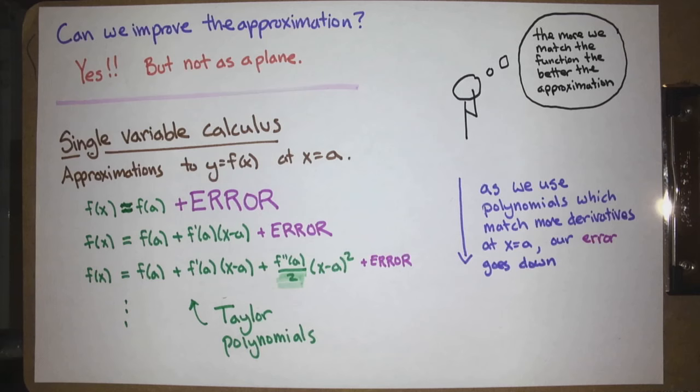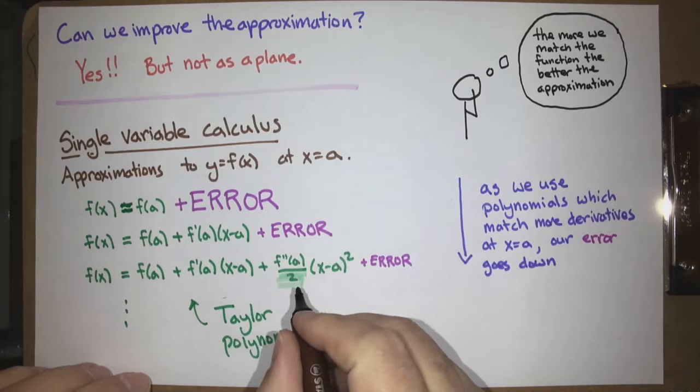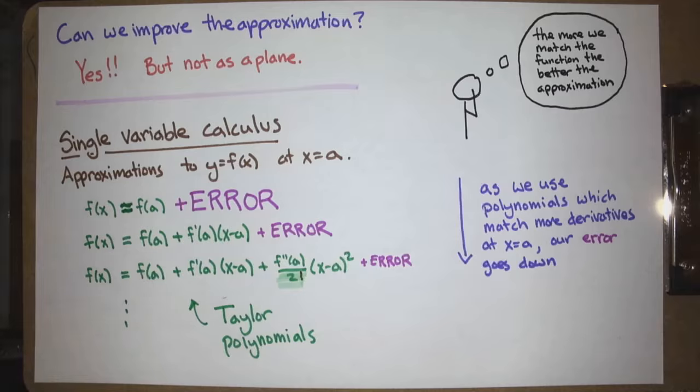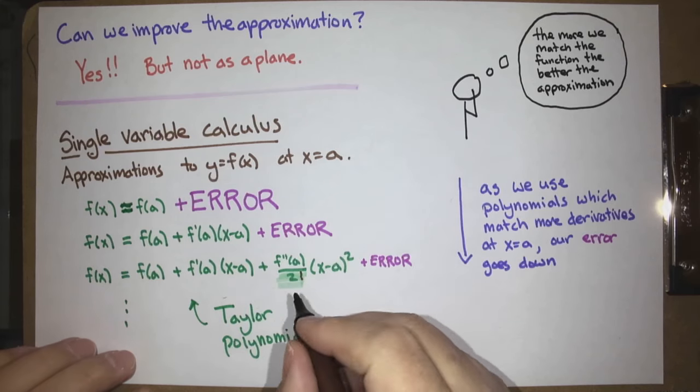And I just know the next one should be divided by 3, and then it should be... Well, it's not quite divided by 3, but I like your spirit. You should say the next one should be divided not by 3, but by 3 factorial. Yes? I'm sure that's what you meant. Because secretly, this isn't a 2. This is a 2 factorial. Yes. Now, but why is it here?